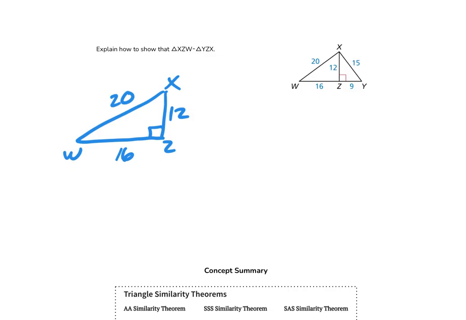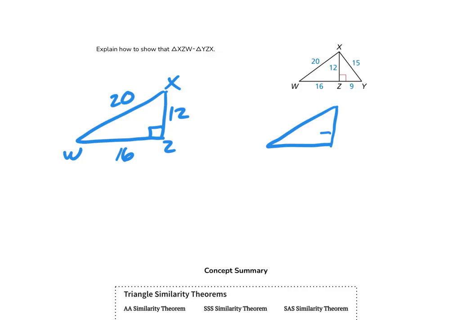Okay, the next triangle is YZX. YZX, okay? We're looking at the one that's on the right. Now what I like to do here is I like to draw it the same way the other one's drawn. I like to put the 90-degree angle down here on the bottom right, okay?